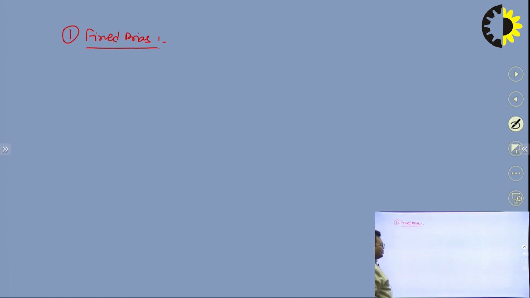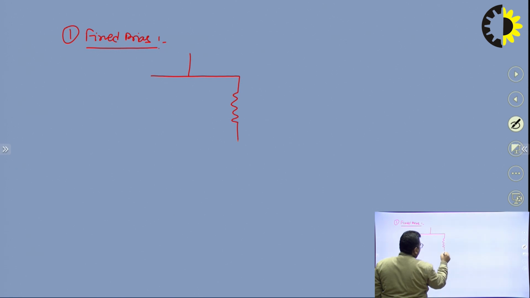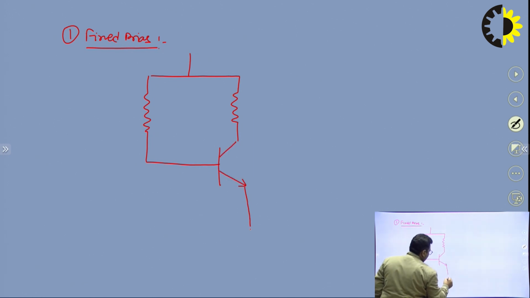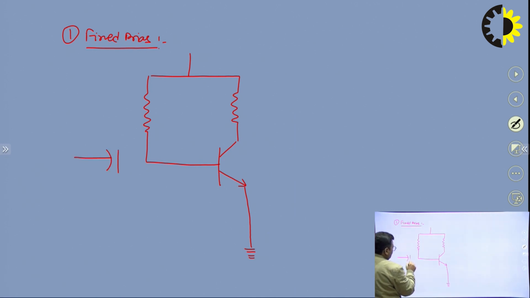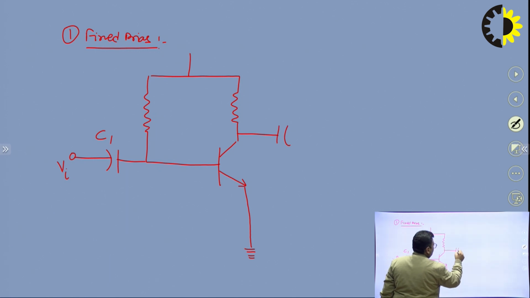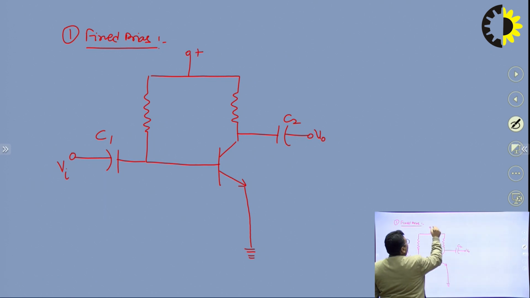Fixed bias method. So if we draw the circuit, here we have our DC supply, that is plus VCC, this is resistance RB, this is resistance RC.